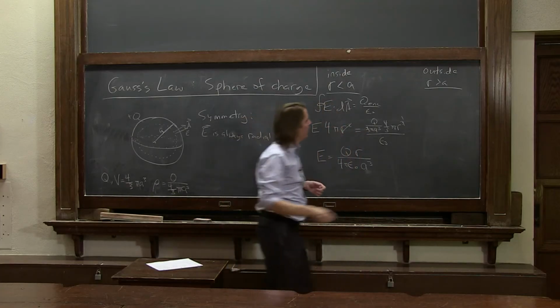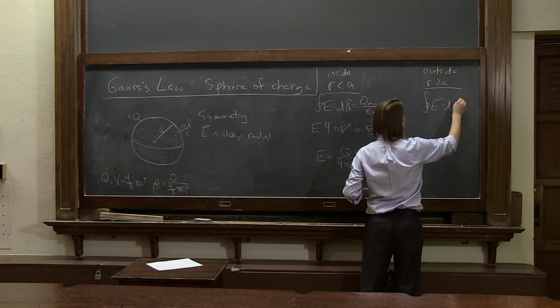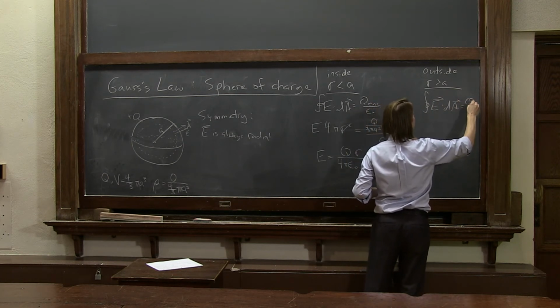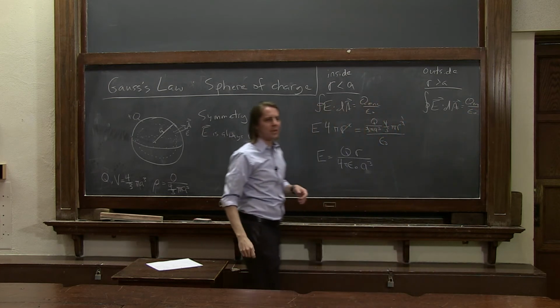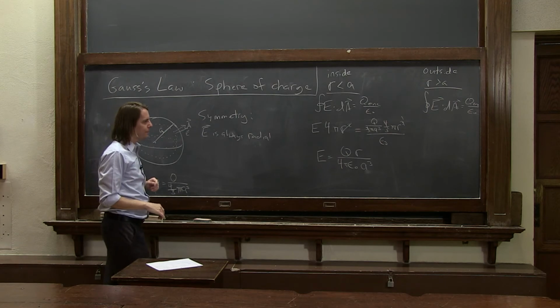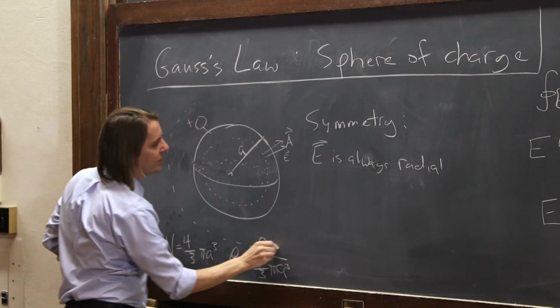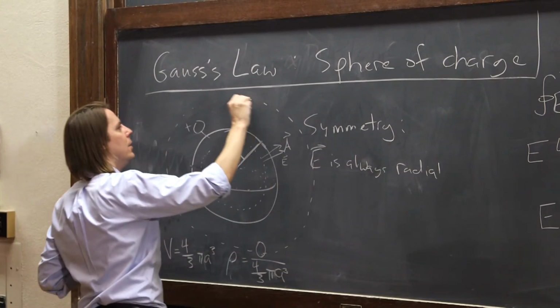All right, so the integral around the closed surface of E dot dA is Q enclosed over epsilon naught. If you're just waking up, that's Gauss's law. So hopefully you've now got that down as Gauss's law. And now we're doing a sphere out here.